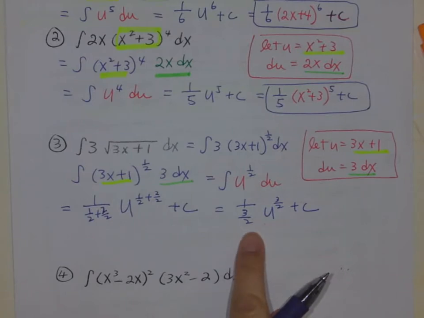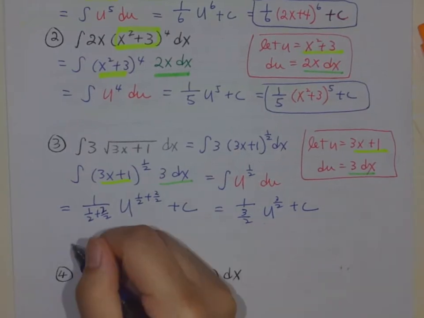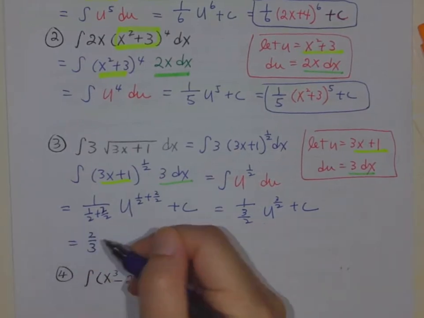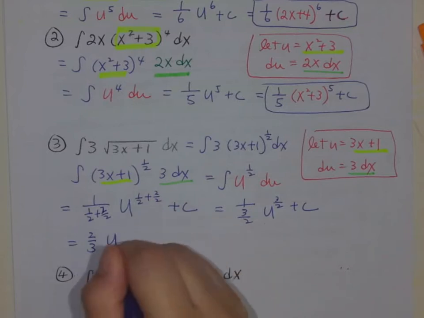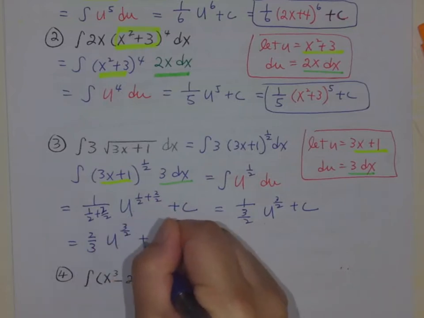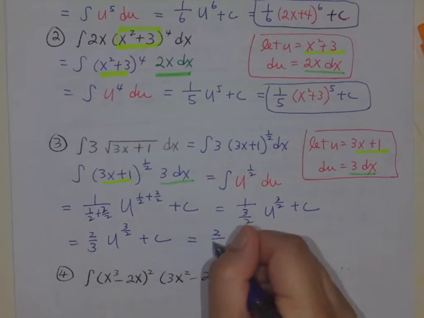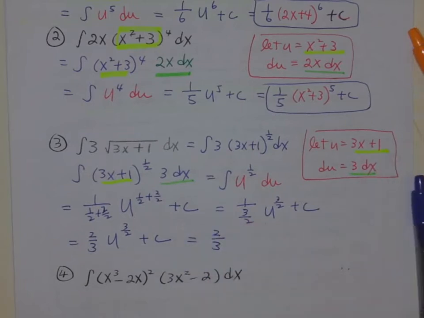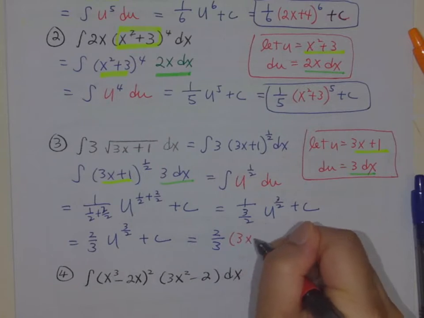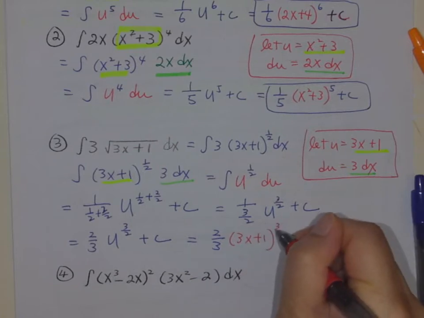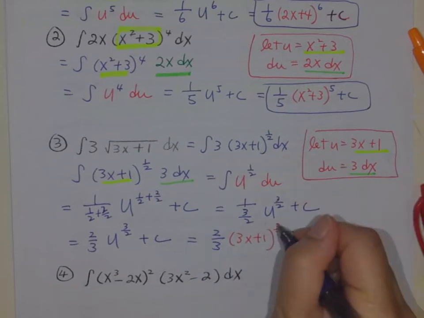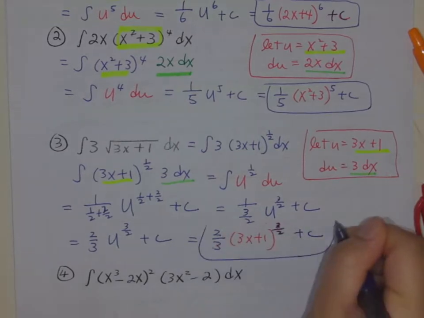So this basically means they flip, right? So we got 2/3 u to the 3/2 plus c. And then at this point you can plug it back. The u is 3x plus 1 raised to the 3/2 plus c, right? That's it.